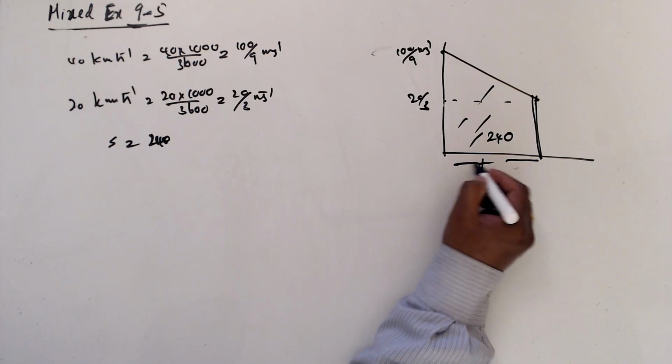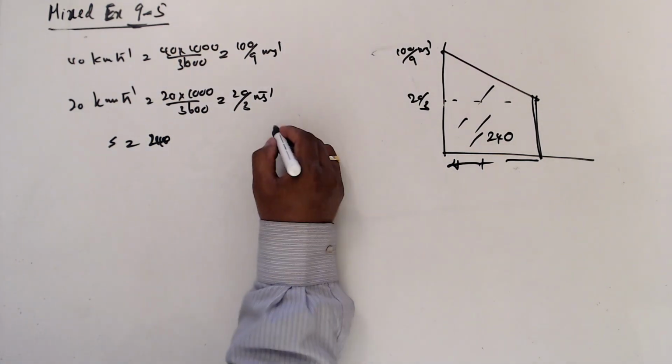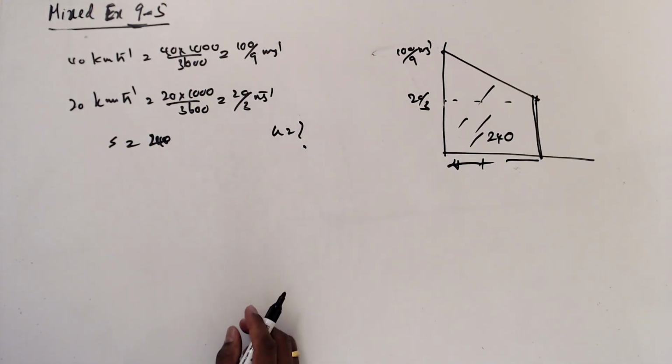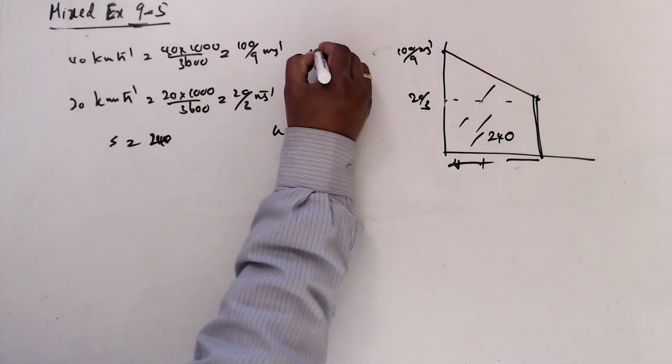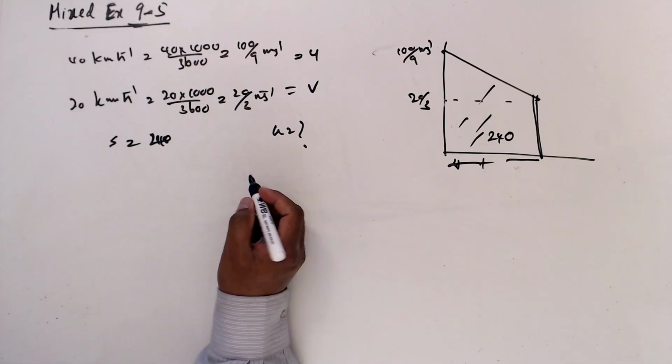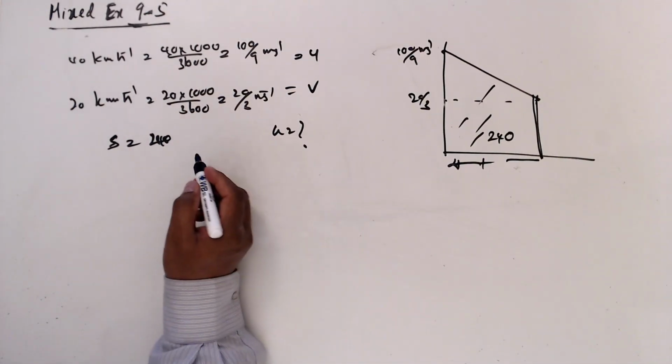Then this is t, and we need to find the deceleration. So this is u, this is v, and this is s.